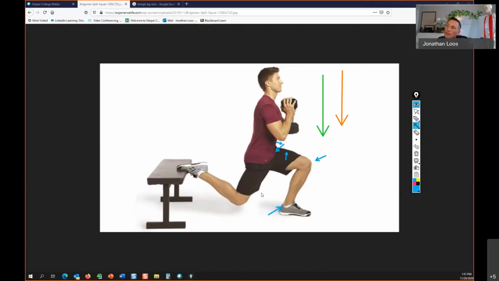Let's analyze the back leg. What's happening at the ankle? Plantar flexion, knee flexion, and hip extension. So we said flexion, flexion, and dorsiflexion on the front leg, and extension, flexion, and plantar flexion on the back leg.